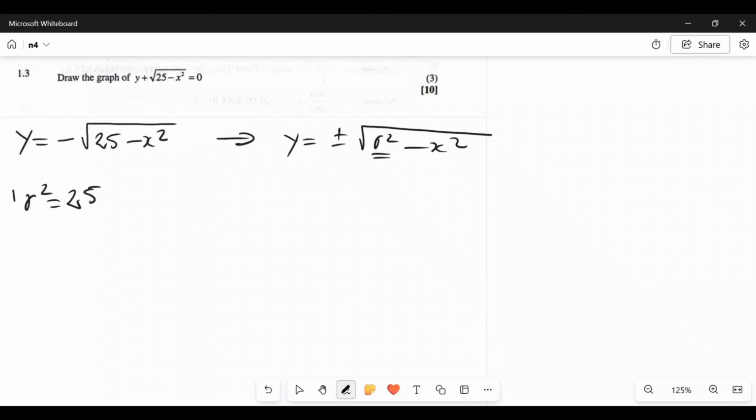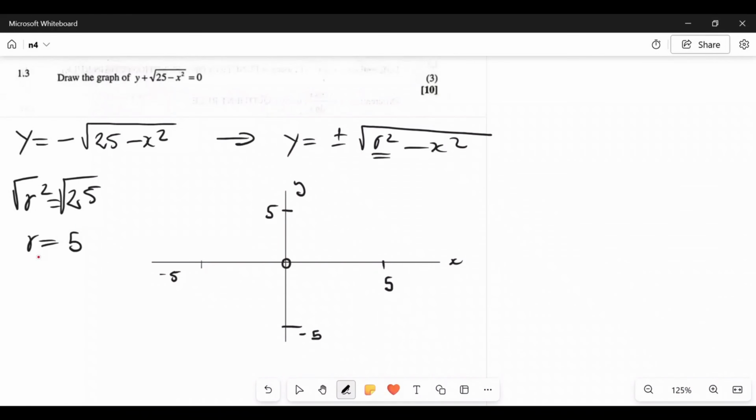So in order for us to find r, which is the radius, r is equal to 5 because you have to root both sides. So our graph is going to cut at positive 5 and negative 5 on the x-axis. As for the y-axis, it's only going to cut on the negative side of y. So let's draw the Cartesian plane so that we can draw this semicircle.